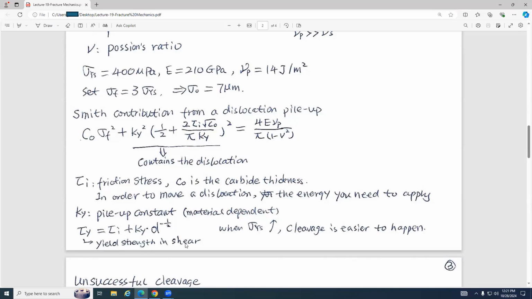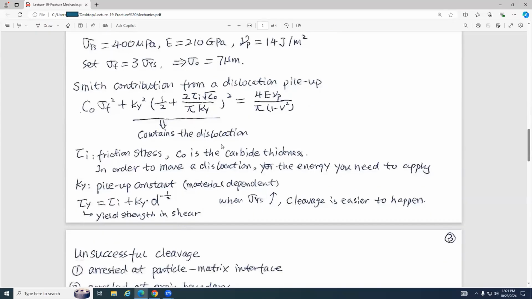Yes, this is true. So some researchers use different strategies to refine the grains. Why? They want to improve the yield strength in shear.